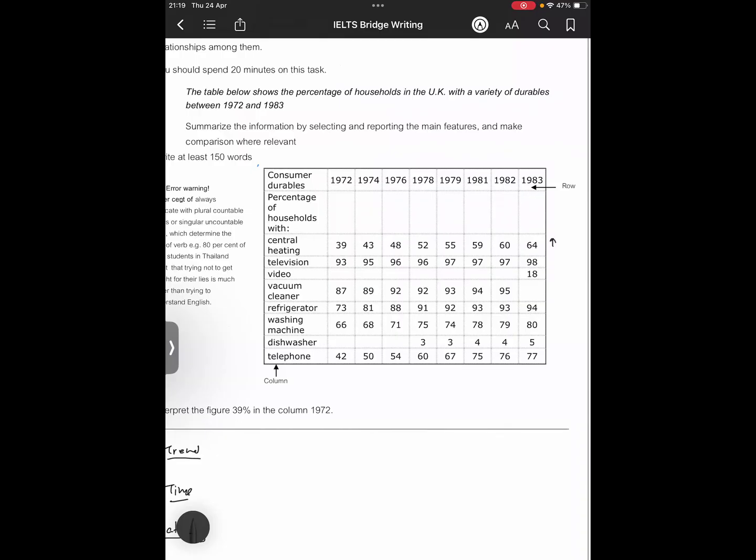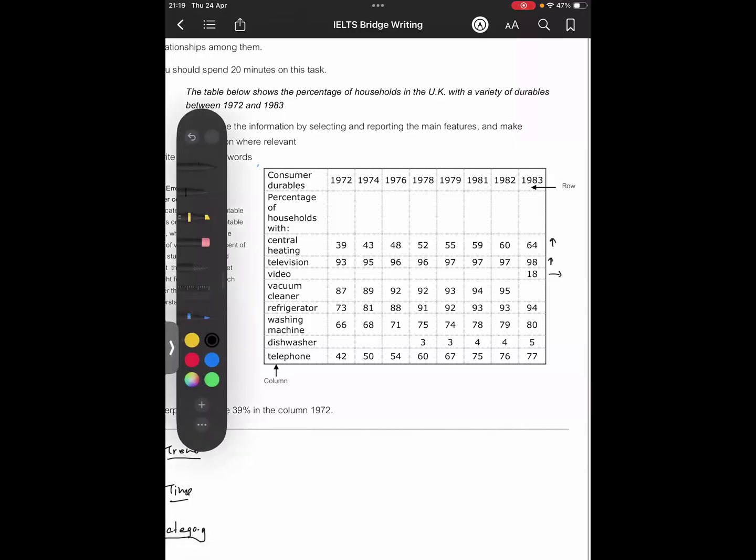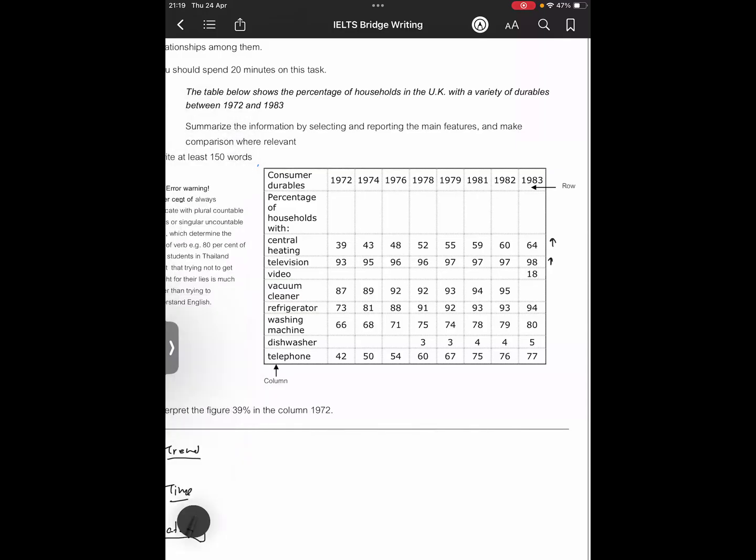Again, television also has a positive slope, although it wasn't changing as fast as central heating. But video doesn't have any slope. We don't know the trend yet. So we're going to put a star here, because it's the odd one out.